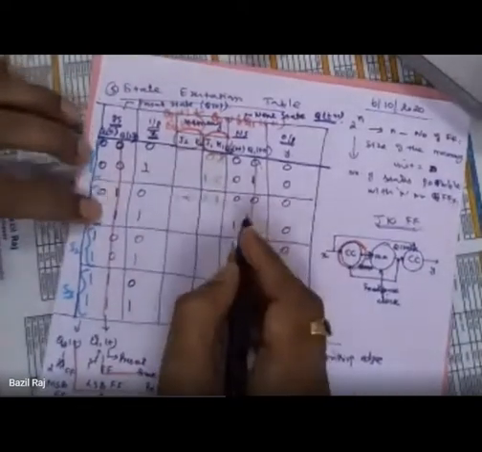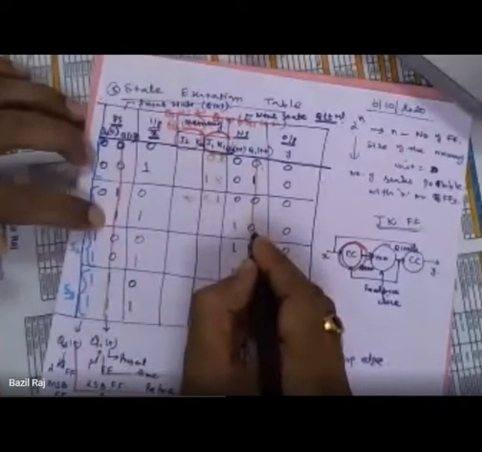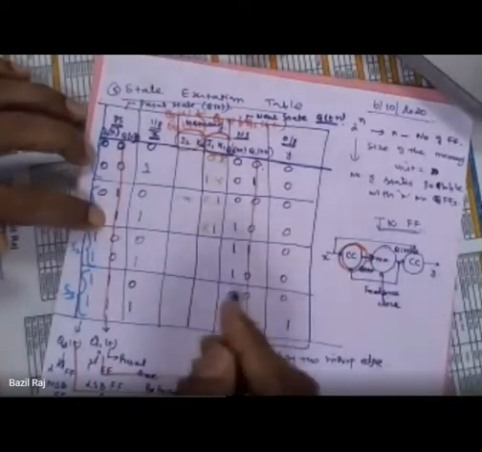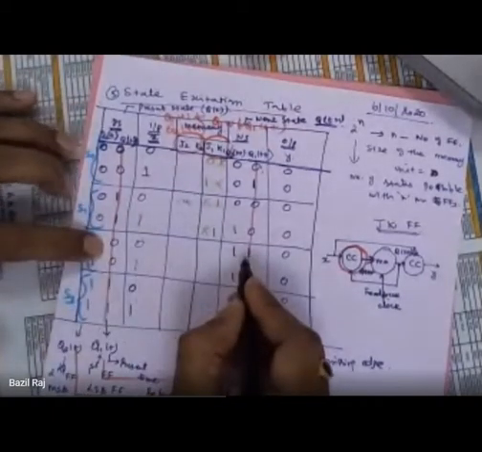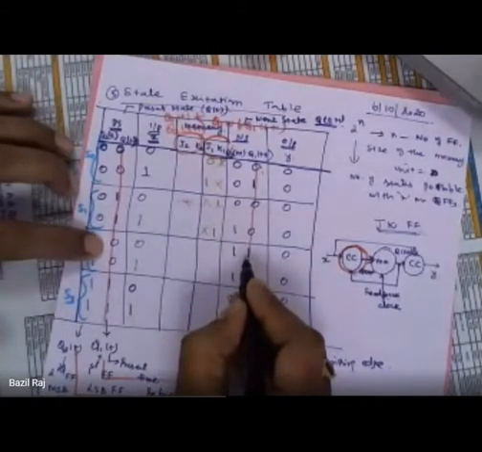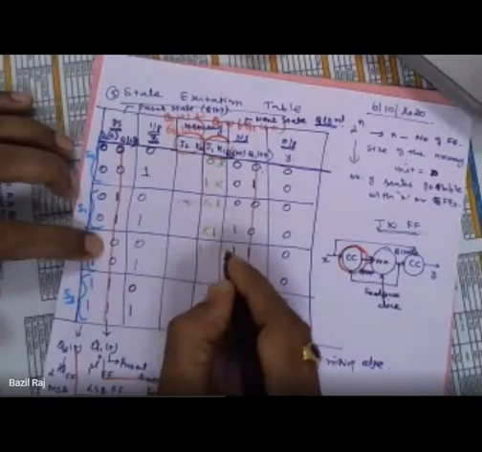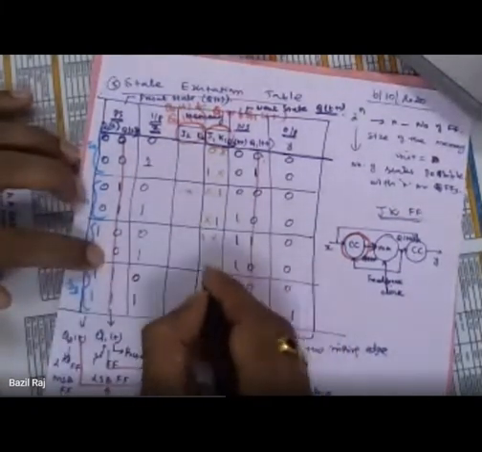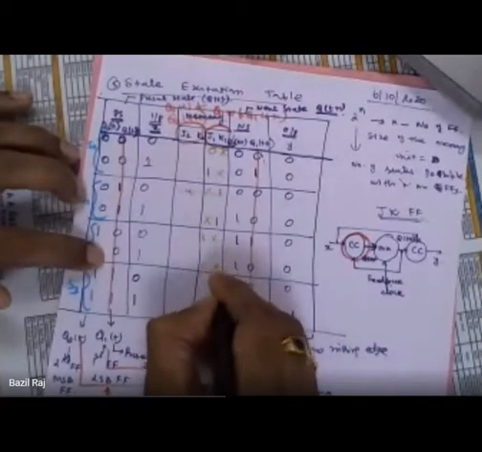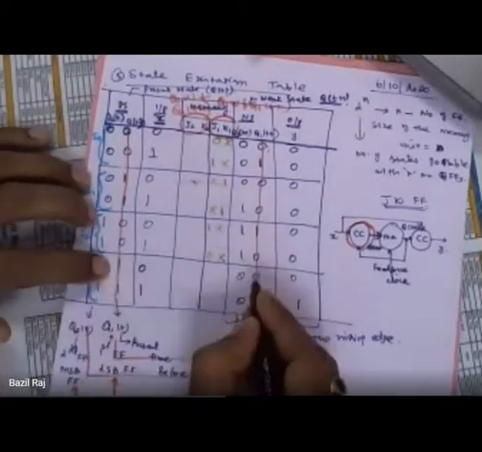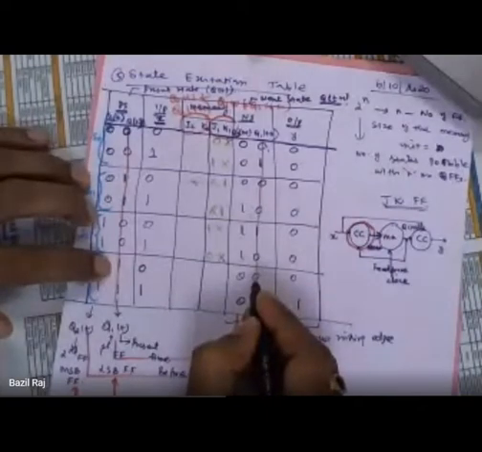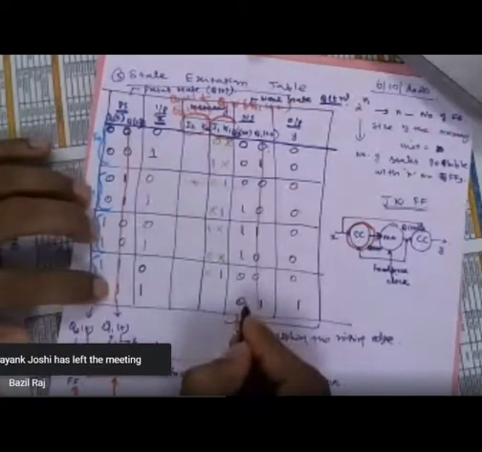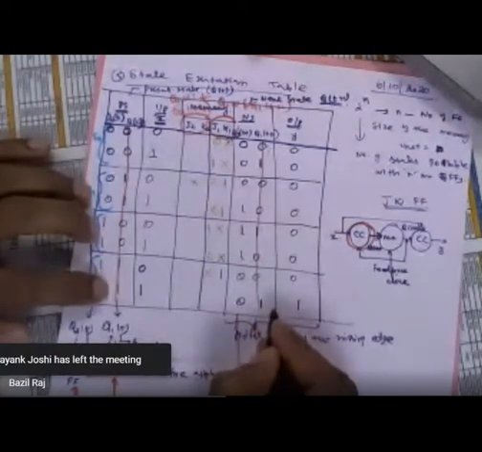For 1 to 1? Don't care 0. For 0 to 1? 1 don't care. For 0 to 0? 0 don't care. Then for 1 to 0? Don't care 1. Sorry, for 1 to 1? Don't care 0.